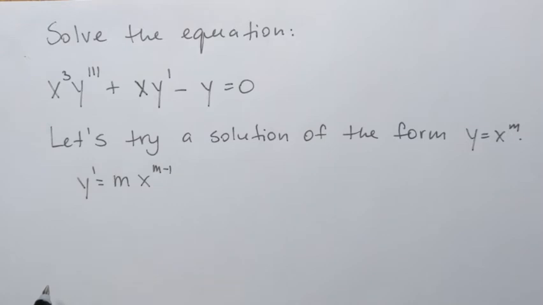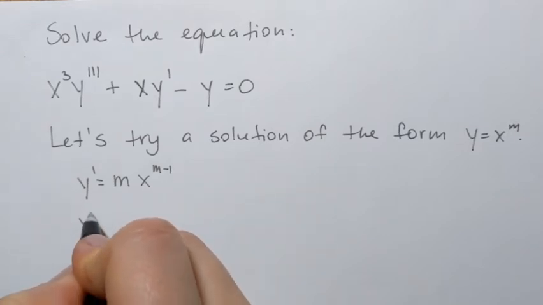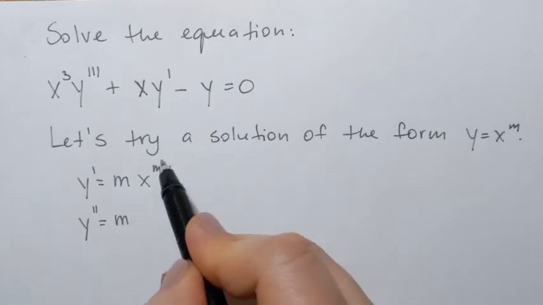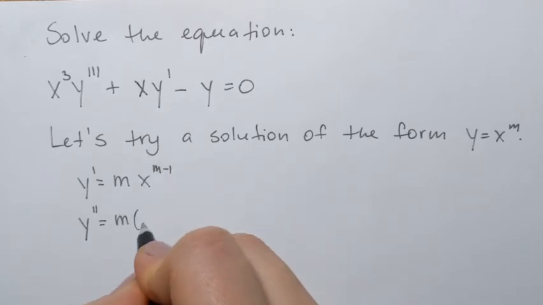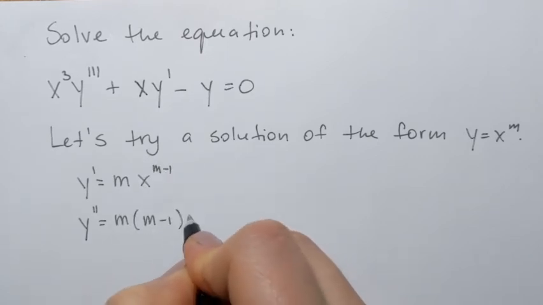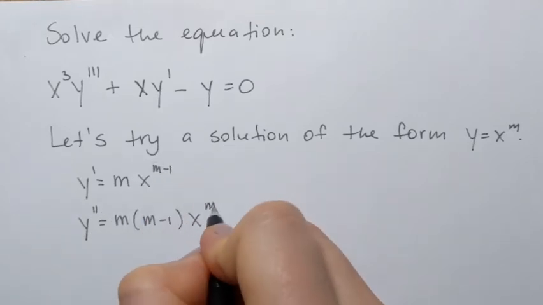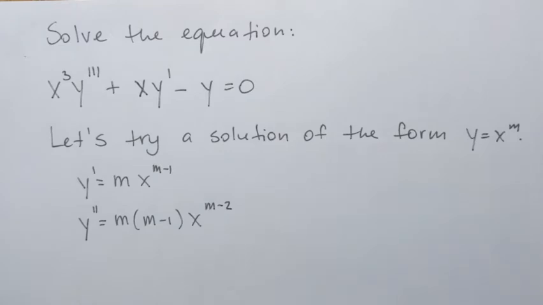Now to obtain the third derivative, of course, I have to find the second derivative first. So it's m times, and then this power goes in the front, m minus 1, times x to the power 1 less than that, so m minus 2. That's the second derivative.